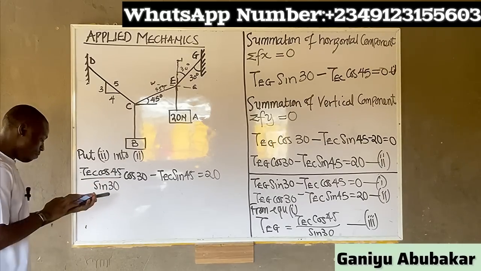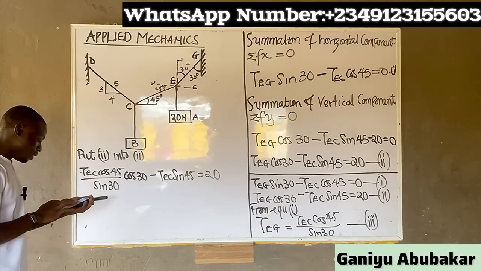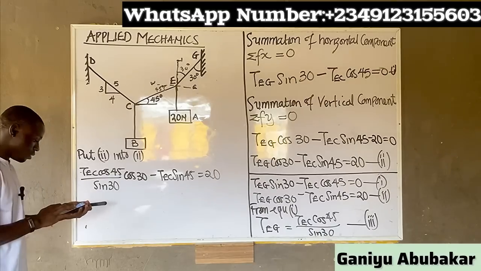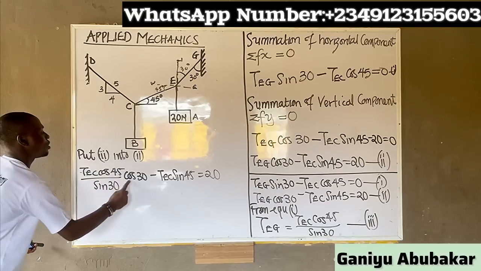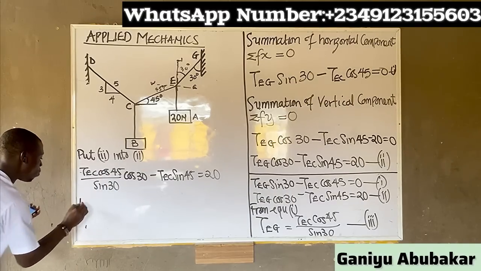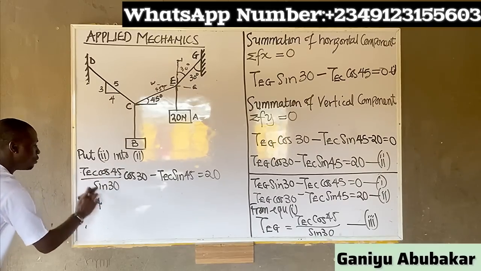Cos 45, right, times cos 30, right, divided by sin 30. Correct. So everything, cos 45 times cos 30 divided by sin 30, that gives you about 1.224. Everything here gives you this value.